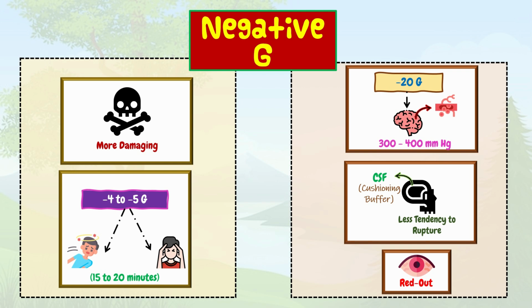Also, special anti-G suits have been developed to prevent pooling of blood in the lower abdomen and legs.